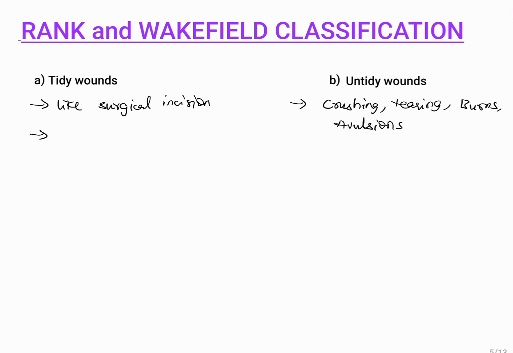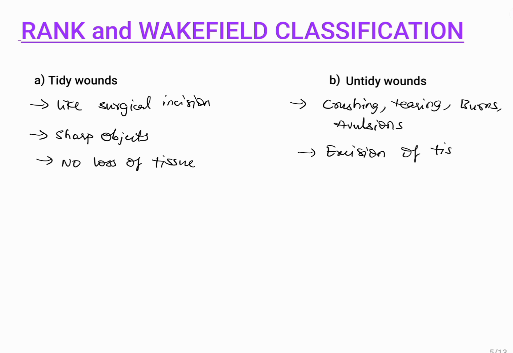Tidy wounds are caused due to sharp objects and there is no loss of any tissue. Whereas when we come to untidy wounds, there is excision of tissues, which can be either fracture of bones.